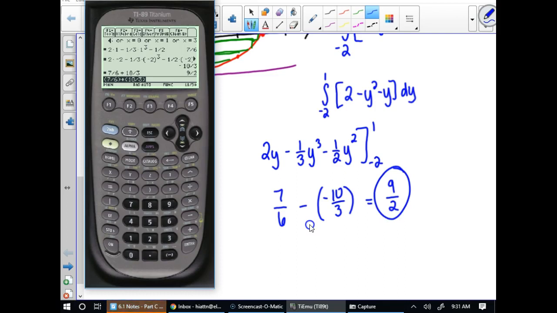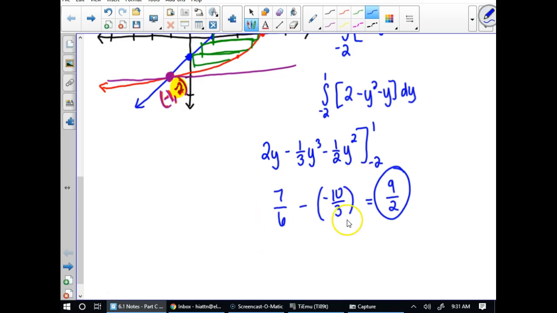And it is fine with me on your homework if you do what I just did there, because our book is not always friendly on giving us ones that you can do really quickly by hand. So integrate everything by hand. Don't use the integrating feature, but you can type this in on your calculator at the end.